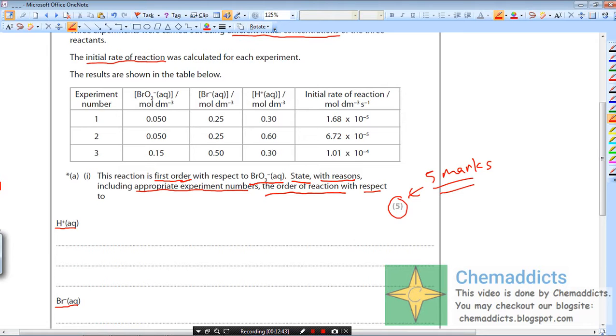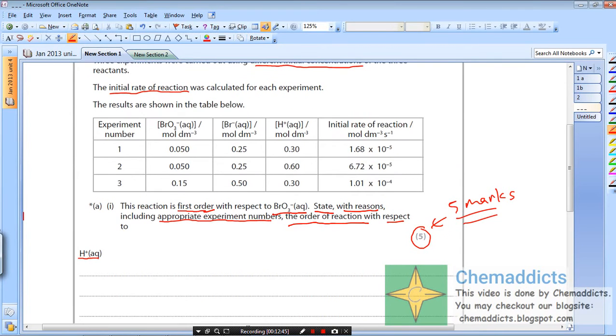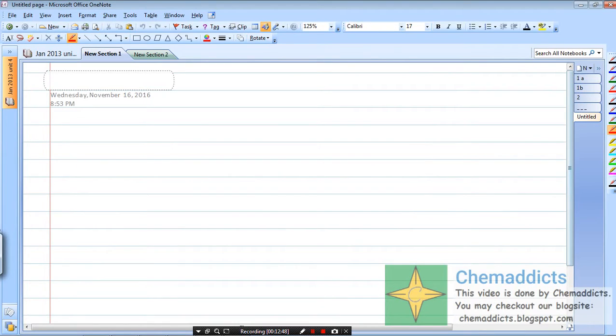Before solving this question, let us have a look at the mark distribution of this question. First we will go for H plus. Let me write this in black pen.